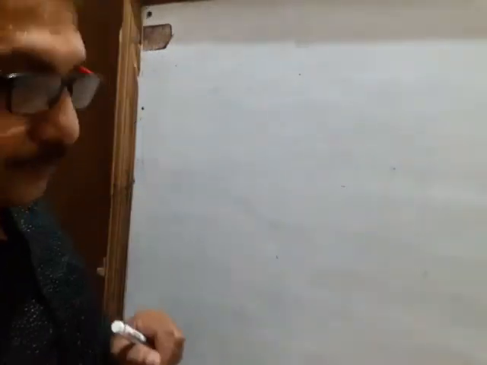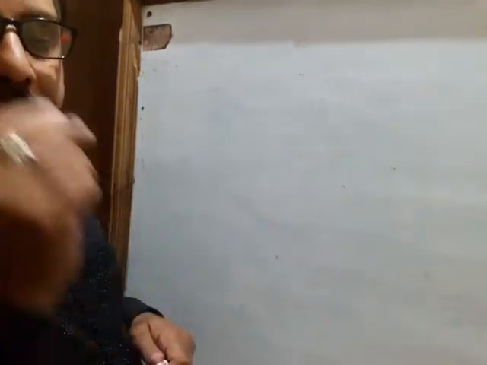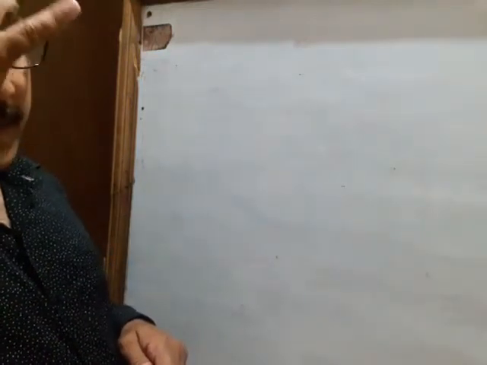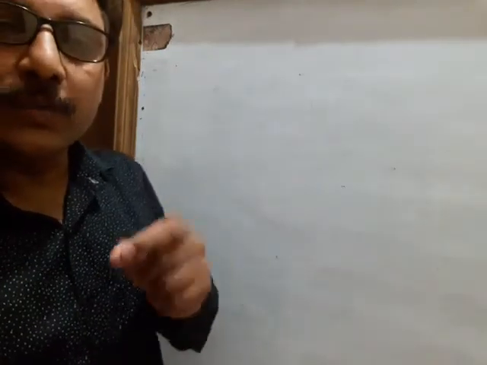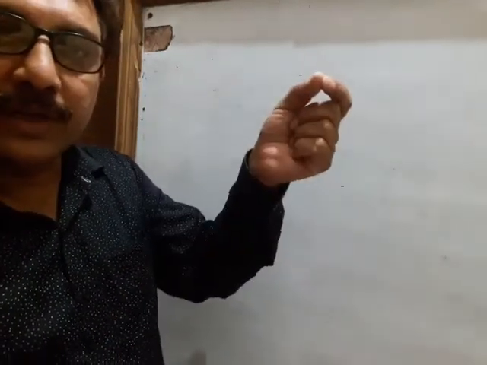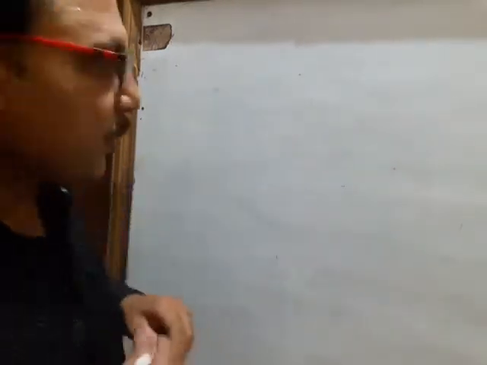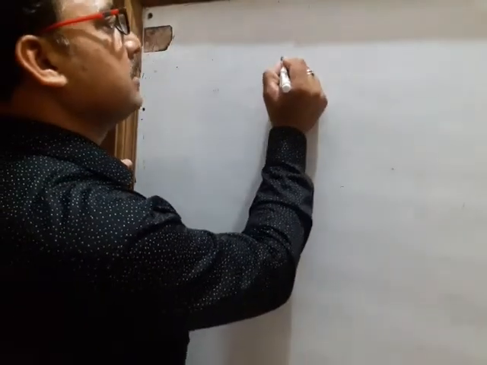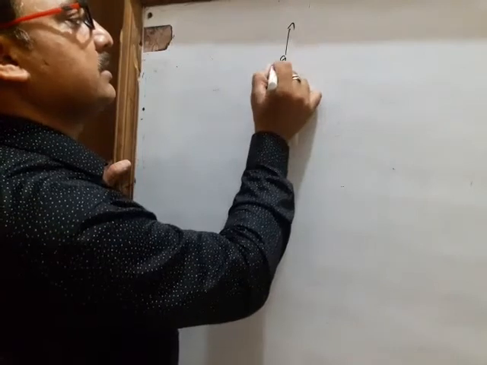Now you write potential. What is meant by electric potential? So potential is the amount of work done in bringing a unit positive charge from infinity to a point in the electric field. Electric field is formed by a point charge. Suppose this is a positive charge.